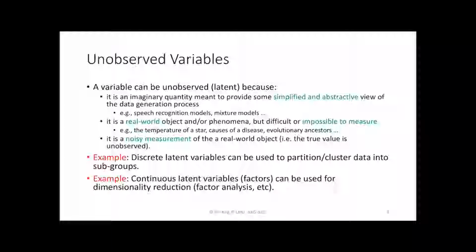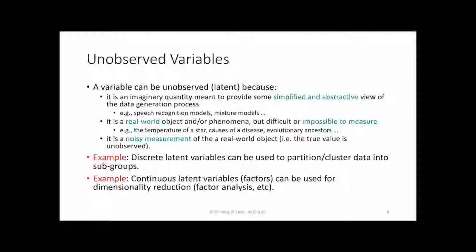Of course, an unobserved random variable can be discrete or continuous. A discrete one can, for example, represent the partitioning of the data, which mode this data belongs to, or which gene, for example, an enzyme is driven by, and so on.